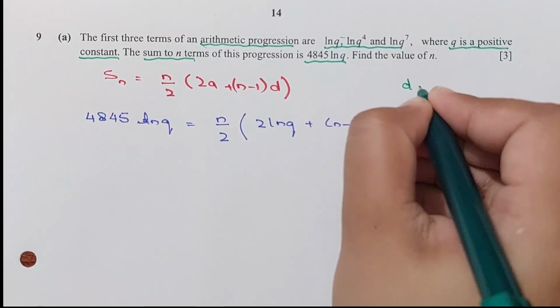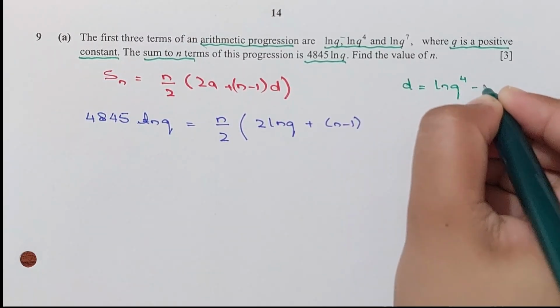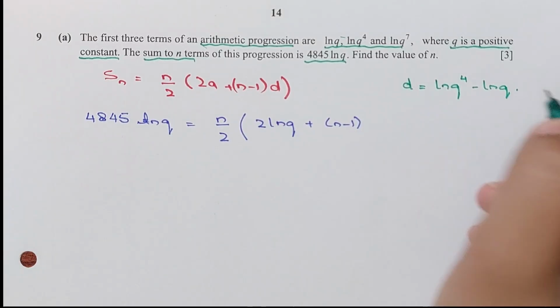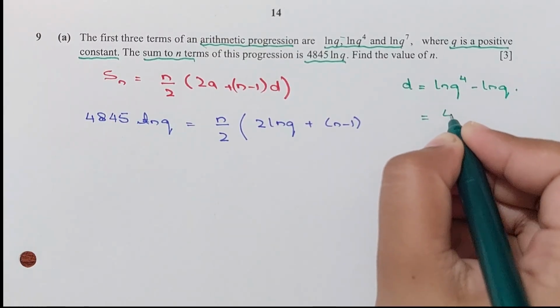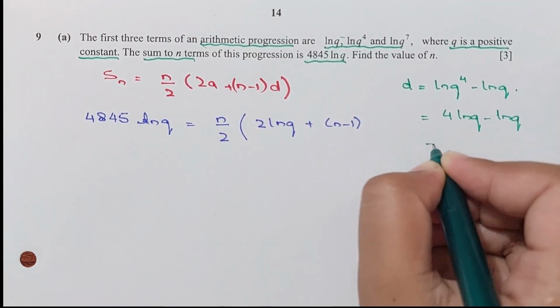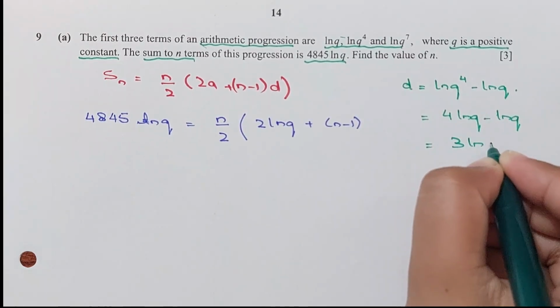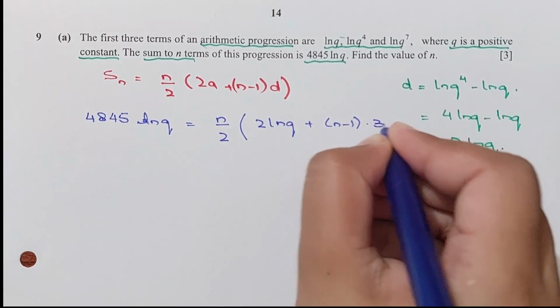So d equals the second term minus the first term, ln q^4 minus ln q, so this equals 4 ln q minus ln q. So this is 3 ln q.